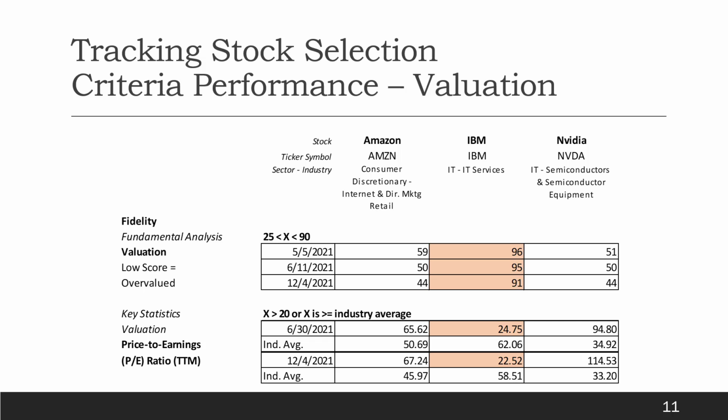Let me remind you that the underlying factors for Fidelity valuation are adjusted free cash flow to price, book value to enterprise value, industry group relative earnings before interest, taxes, depreciation, and amortization, EBITDA to price, inverse PE ratio, which is the earnings yield, adjusted for growth, and operating cash flow to equity.